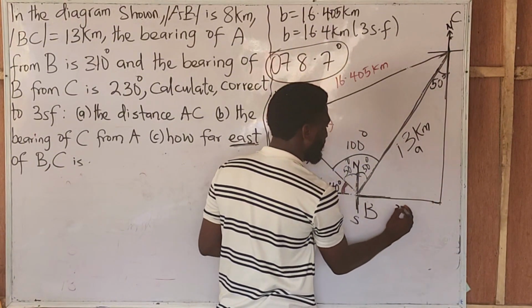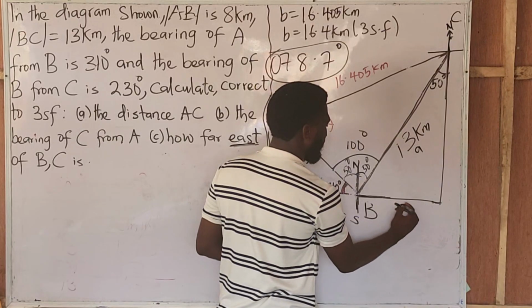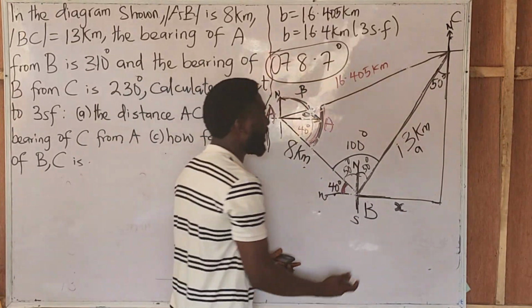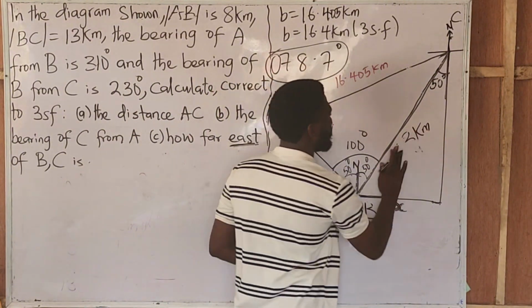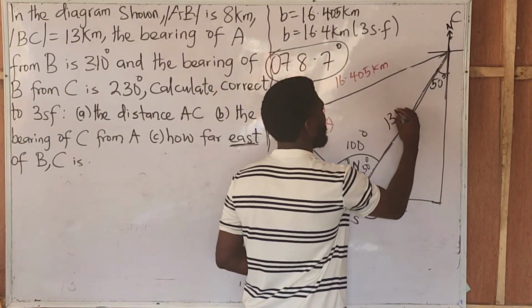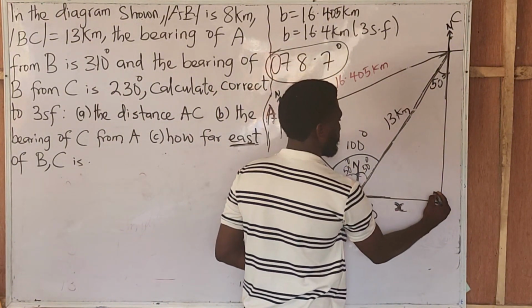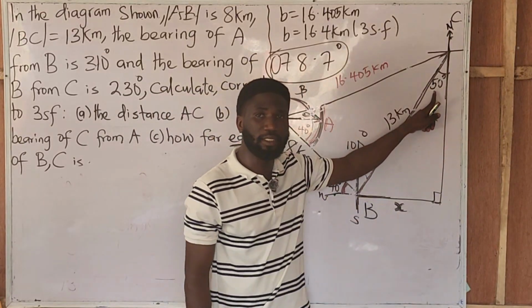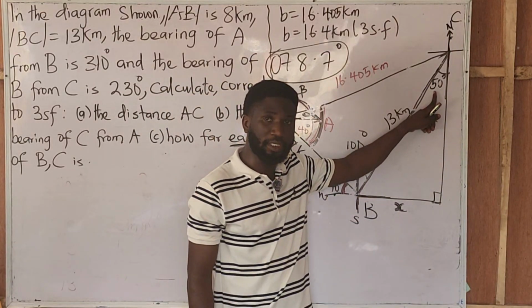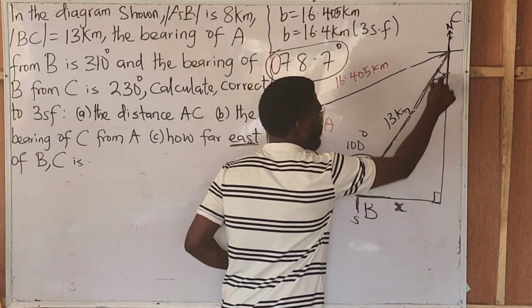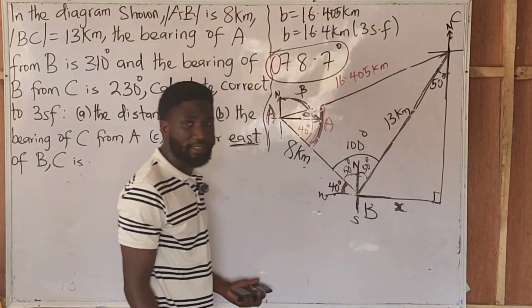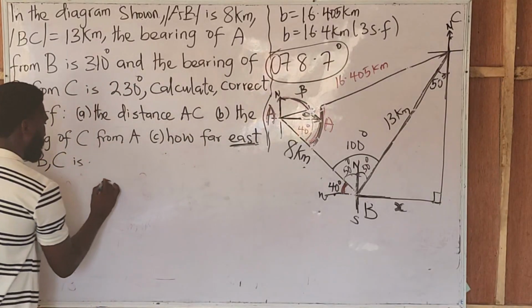So we want to find the distance here now. Let's make it x. And thankfully now we have this one to be 13 kilometers. This is what? The right angle. And the angle here is what? It is 50 degrees. I hope you understand now. So this is going to give us what? Opposite and what? Hypotenuse. And that is sine. So that will give us sine what?